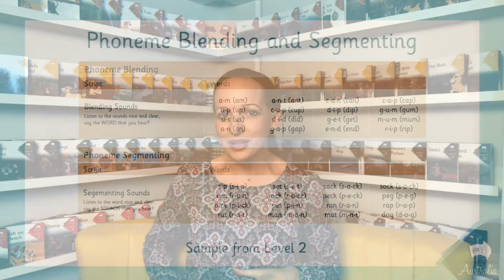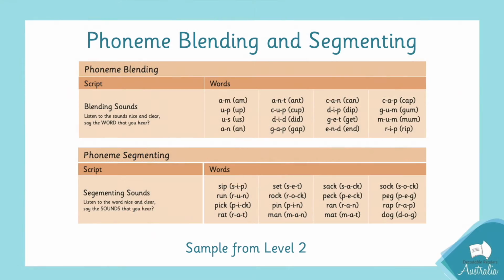All right, let's jump in and have a look at some of our other drills and examples from our SOR toolkits. The next one that we have here is called phoneme blending and segmenting. This is where we want students to hear individual phonemes and blend them together. So on our phoneme blending and segmenting drills, we have provided the teacher with a script.